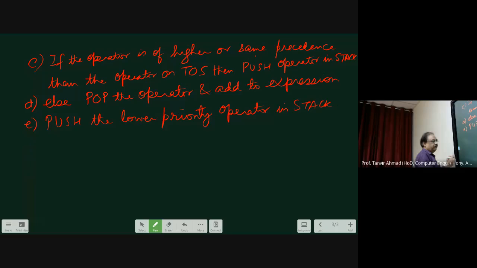Now, the fourth one, I think the last point: what remains if we find the left bracket.